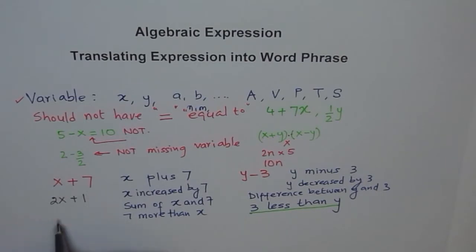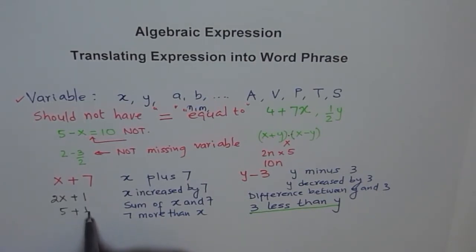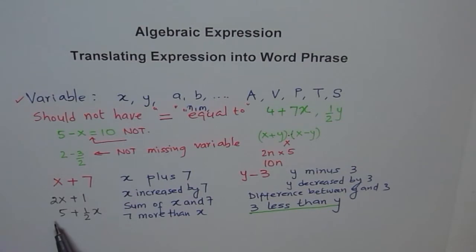So I can also write this as 5 plus half x. So that means to 5 we are adding half the number, right? So half the number more than 5. Do you understand? Or 5 plus half the number. Sum of 5 and half the number. Do you understand?